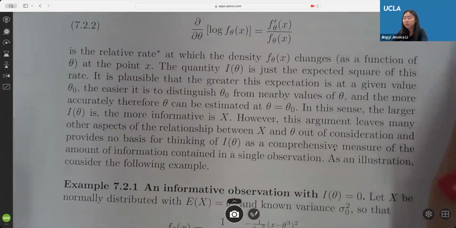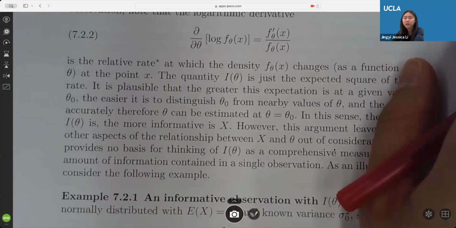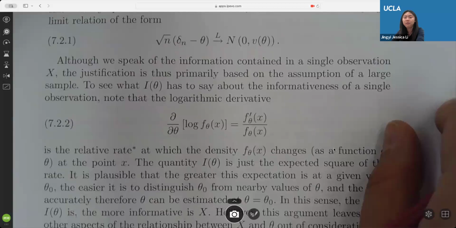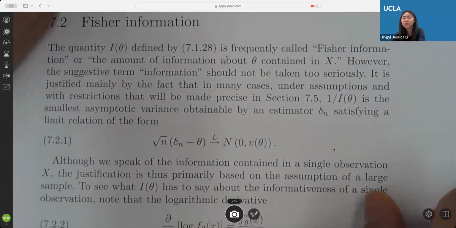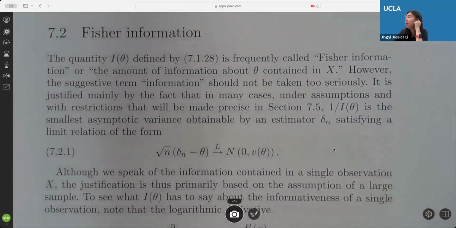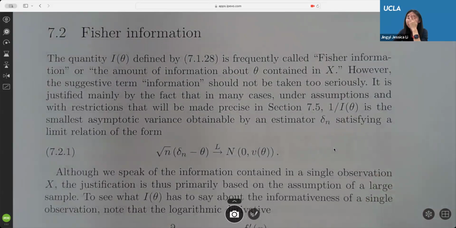Now let's talk more about Fisher information, which is very interesting to know. Here we want to clarify that there are some misconceptions we may have about it, and we will try to avoid those misconceptions and then try to use or interpret Fisher information properly.